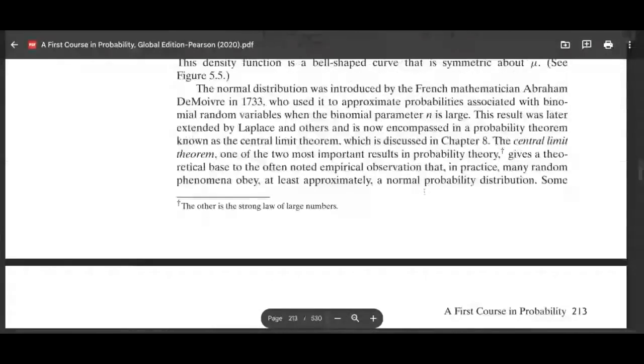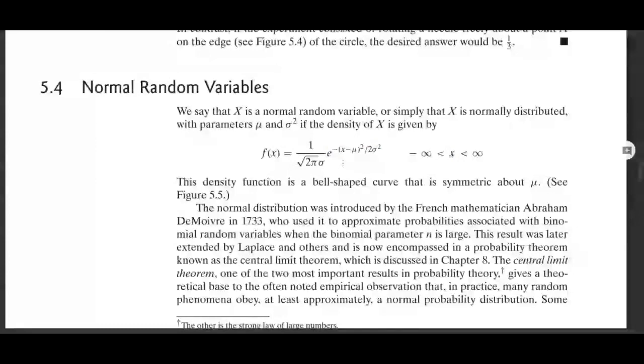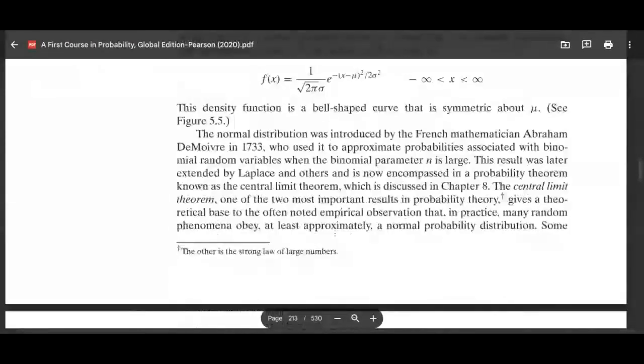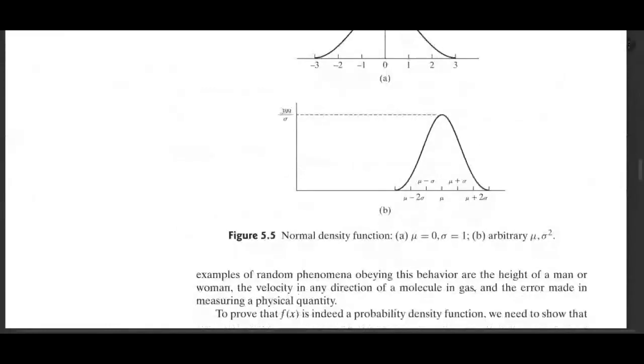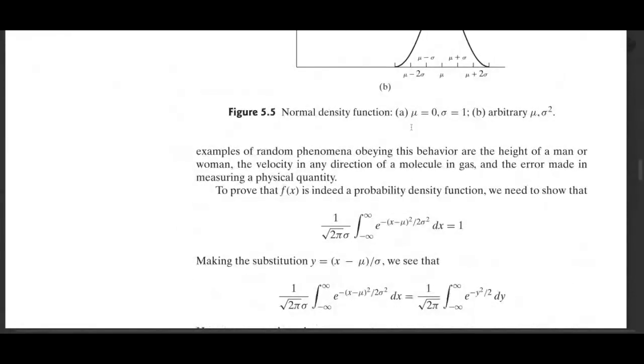In the density function, we see negative (x minus mu) squared divided by 2 sigma squared. Mu is the expected value, sigma squared is the variance.